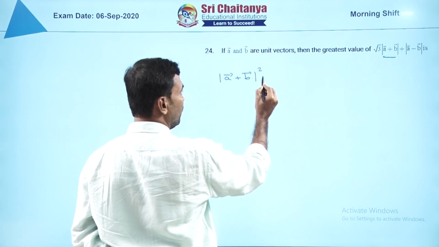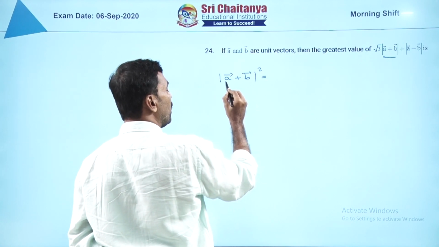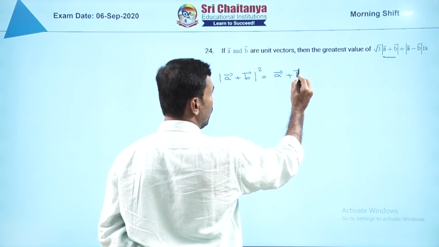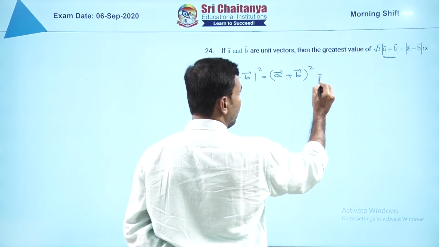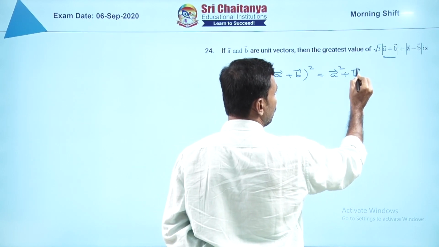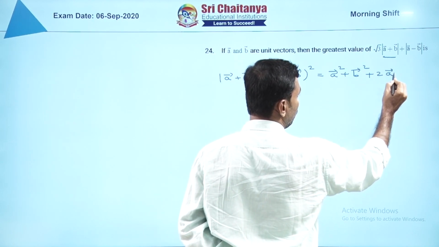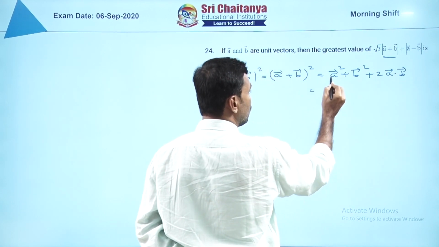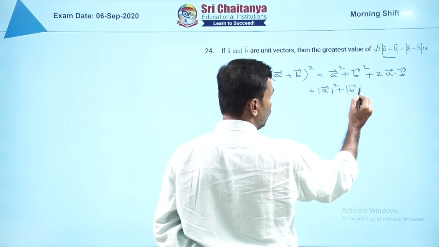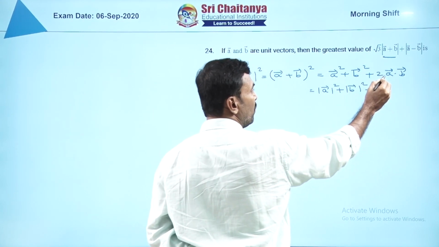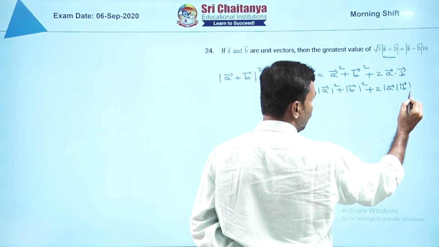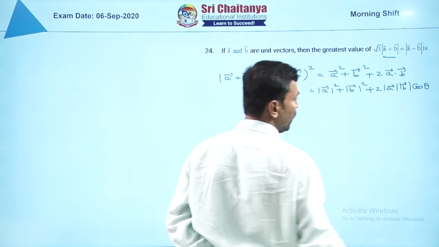We know that the square of the magnitude of a vector is equal to the square of the vector. So, A bar plus B bar whole square, and by the formula you can write A bar square plus B bar square plus 2 times A bar dot B bar, which equals magnitude of A bar square plus magnitude of B bar square plus 2 times A dot B. The definition of A dot B is magnitude of A bar, magnitude of B bar into cosine of the angle between A bar and B bar.